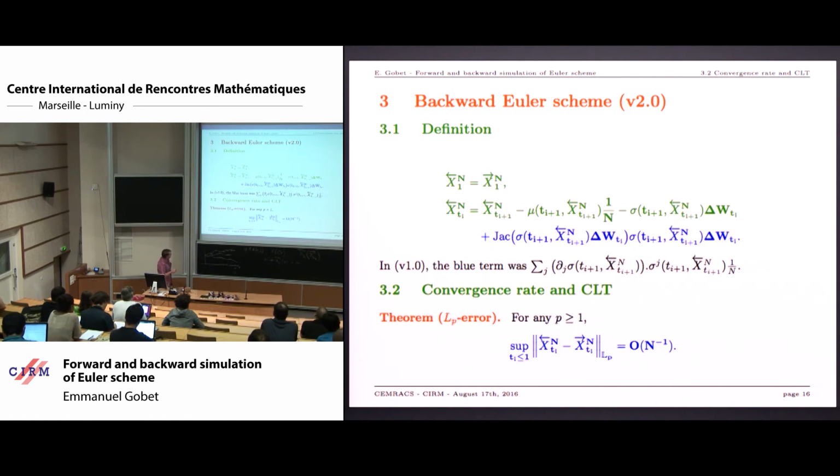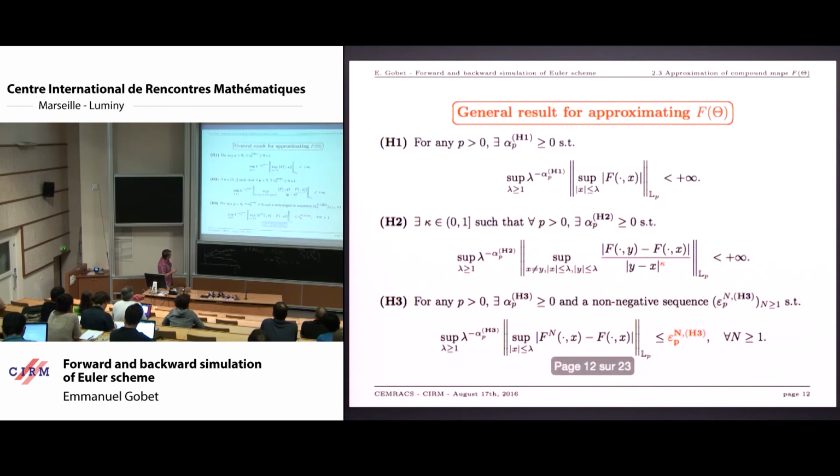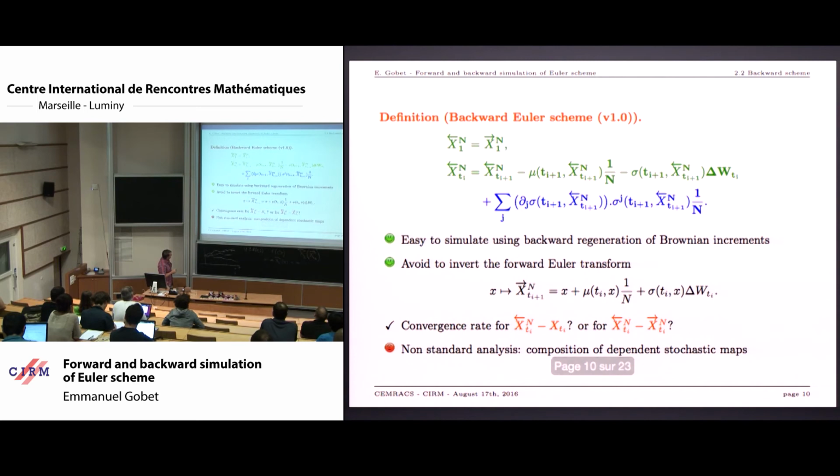So before, if you remember, it was the backward Euler scheme for the backward SDE. Here there was an additional drift term, related to the diffusion coefficient here. There was a term 1 over n here. I'm going to replace, in fact, 1 over n.